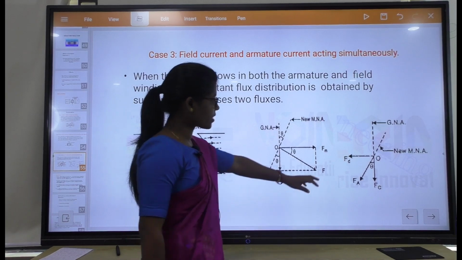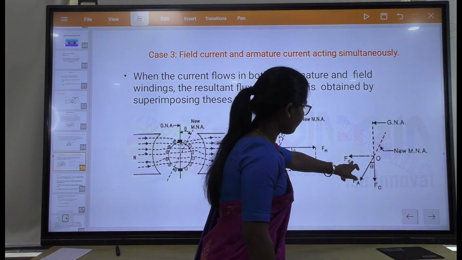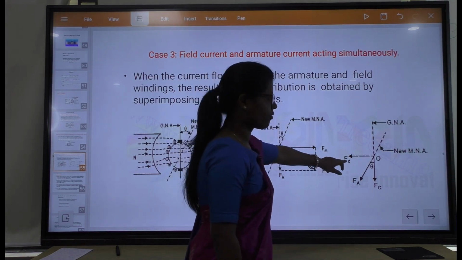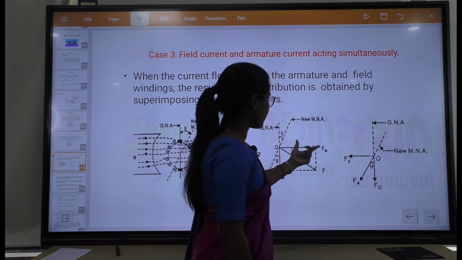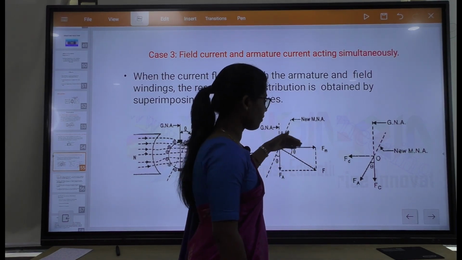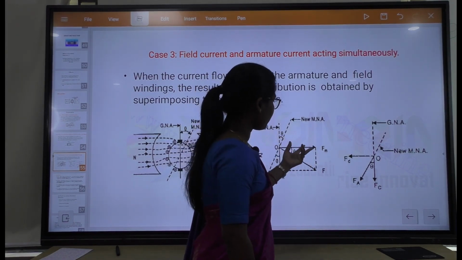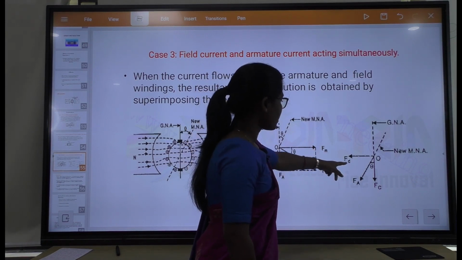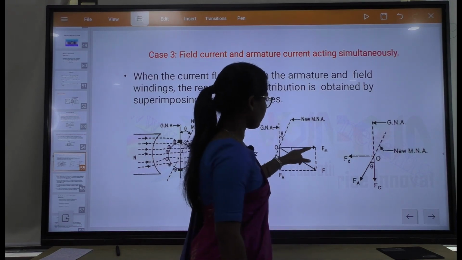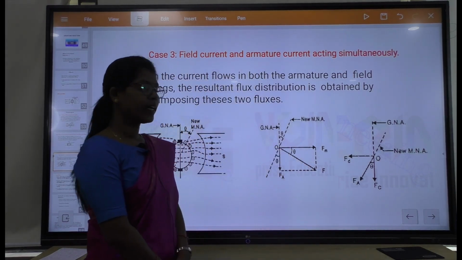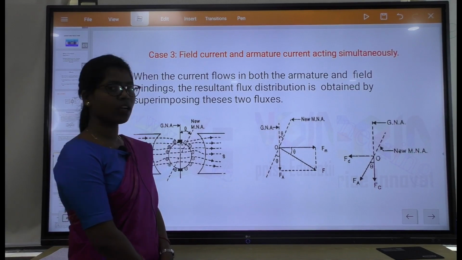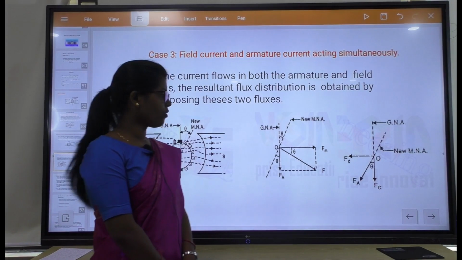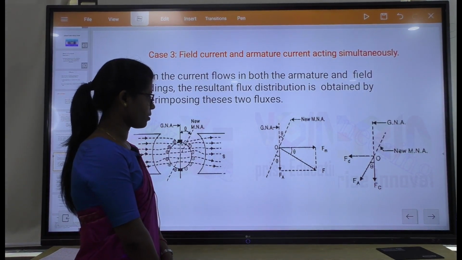We can see from this diagram that FD is in direct opposition to OFM, that is the magnetic field axis. That means FD is in direct opposition to the MMF due to the field poles. So that's why it is called the demagnetizing or weakening component of armature reaction. So FD is called the demagnetizing component of armature reaction.